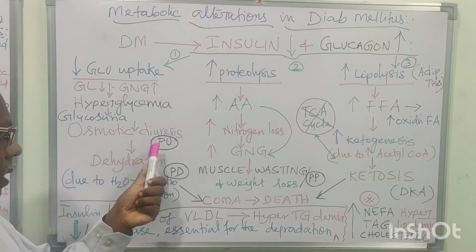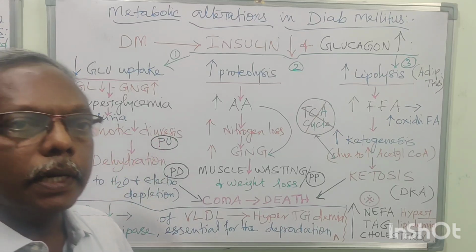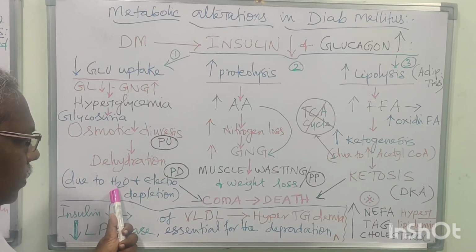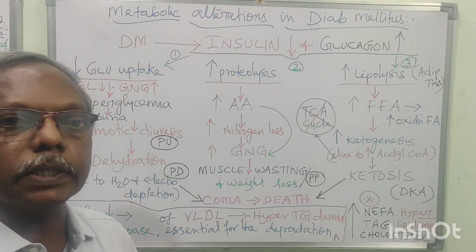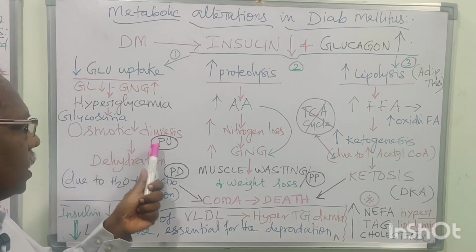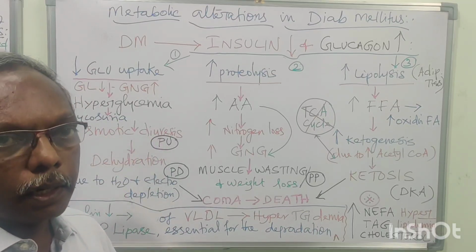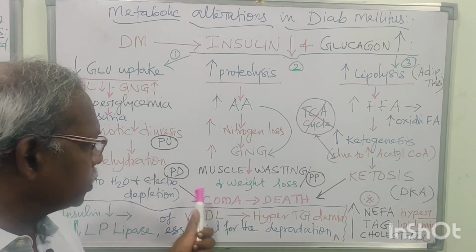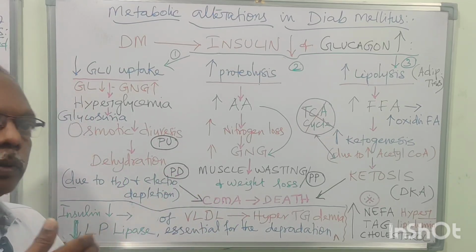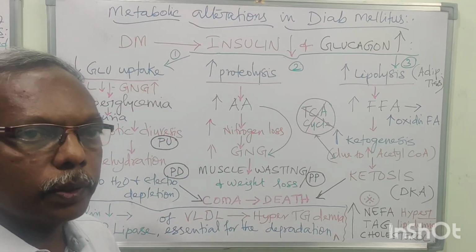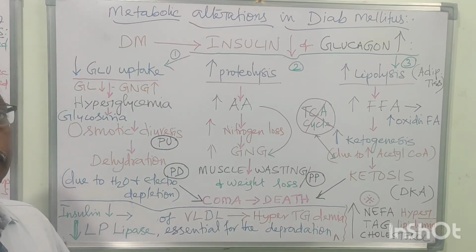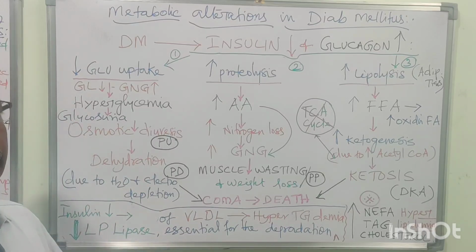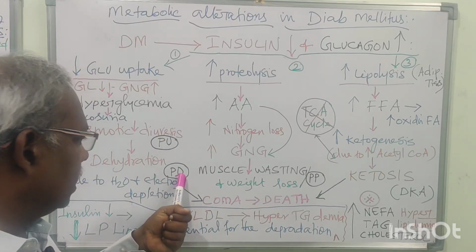Because of this osmotic diuresis only, they will go for dehydration. In this dehydration, they will go for water depletion and electrolyte depletion. This osmotic diuresis produces polyuria. This water and electrolyte depletion produces polydipsia. Because you are passing more amount of urine, automatically the thirst center will be stimulated and you will go for polydipsia.